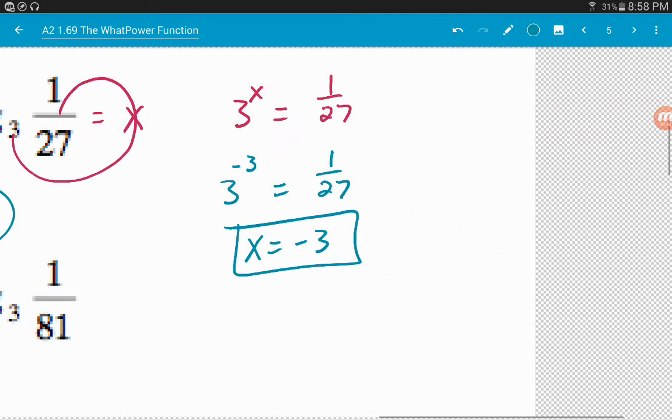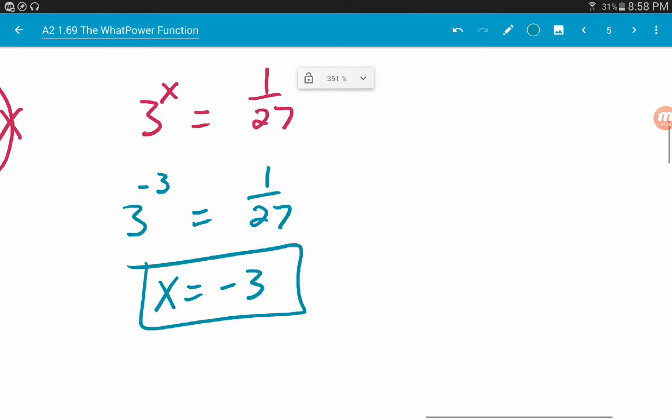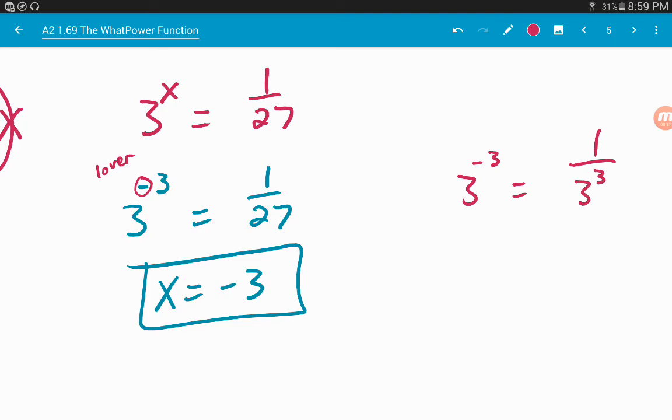I can prove this to you, by the way. 3 to the negative third equals 1 over 27. I can prove that. The negative puts a 1 over it. So 3 to the negative third would become 1 over 3 to the third. And I know that 3 to the third is 27.